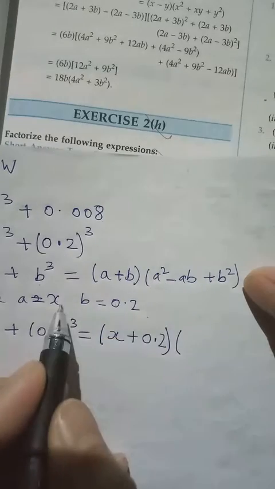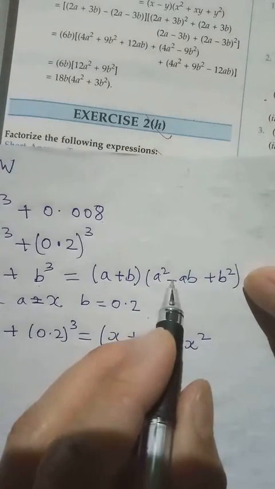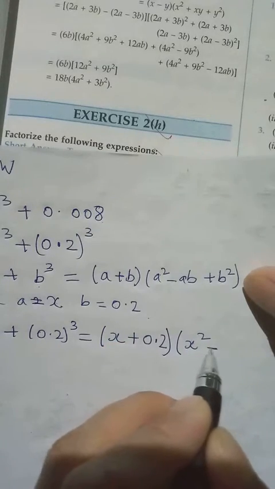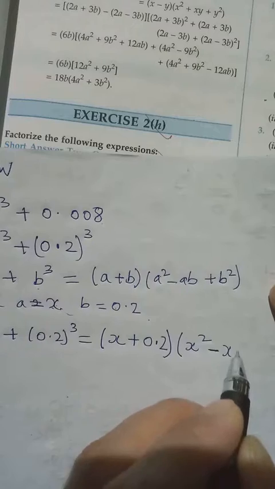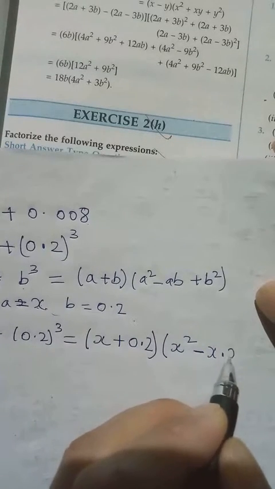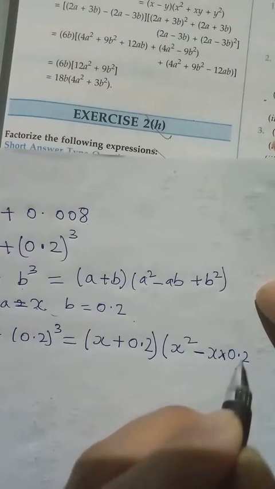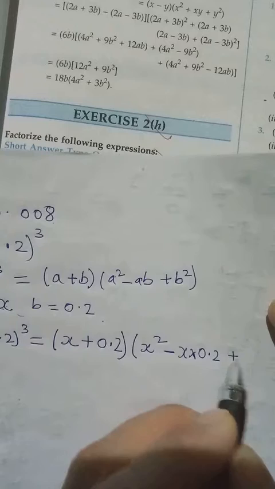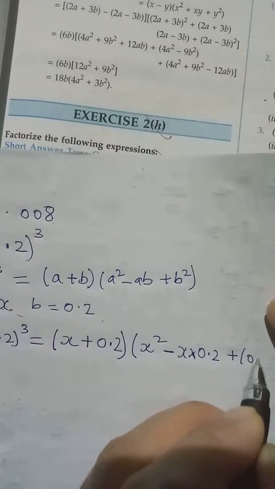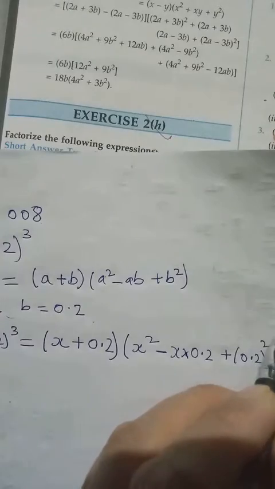In place of a, we have to write x, power 2 from the formula. Here we have minus sign. A, we have to write x, b, we have to write 0.2. This is multiply, this is decimal, so don't confuse. Then in place of b, we have to write 0.2 whole to the power 2.